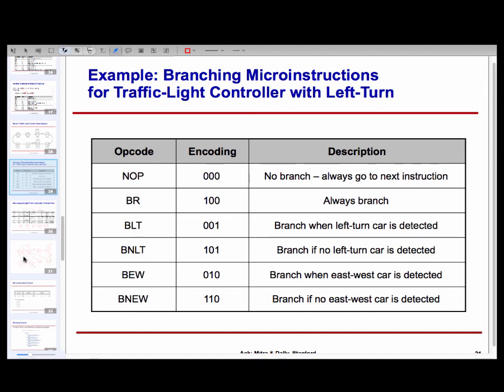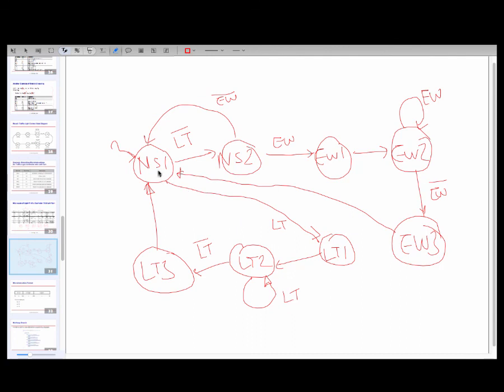Which is why you have this weird structure out here where first in NS1 I check for LT, then I move to NS2, I check for east-west, and then I spin back. In a single state, I cannot do a multi-way jump. I cannot say jump to LT1 under some condition or to east-west 1 under some other condition or stay put.